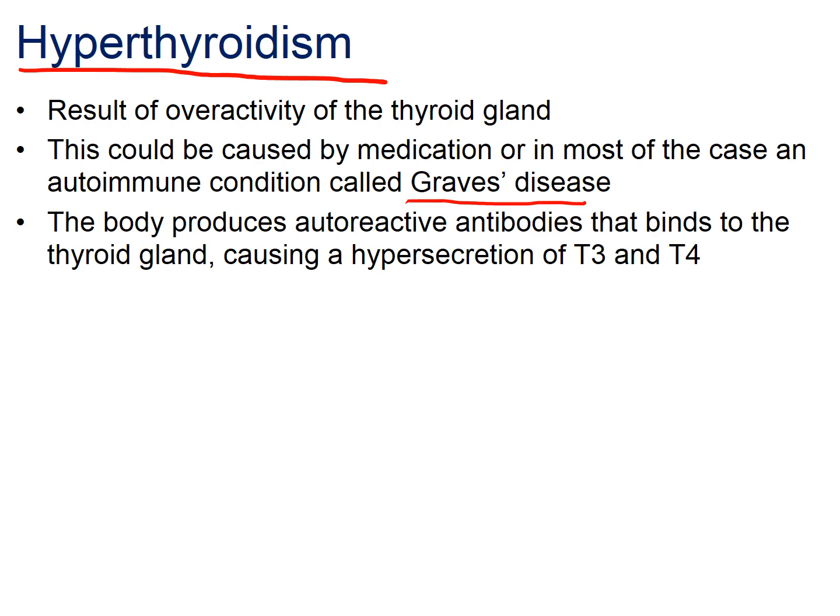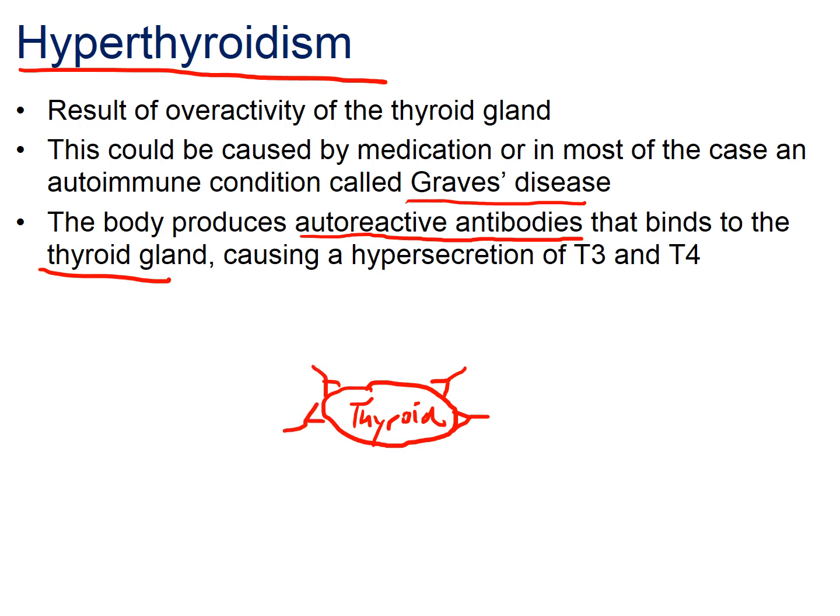In Graves' disease, your body creates an autoreactive antibody that will be stuck to your thyroid gland. So let's think about the consequences of that. Remember, normal people don't have these antibodies. Only people with Graves' disease would have these antibodies.